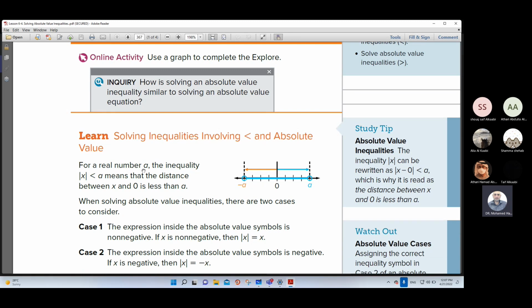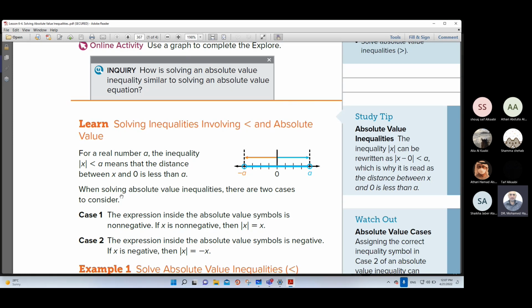For a real number a, the inequality absolute value of x less than a means that the distance between x and 0 is less than a.